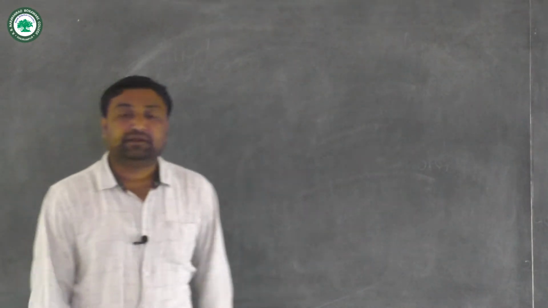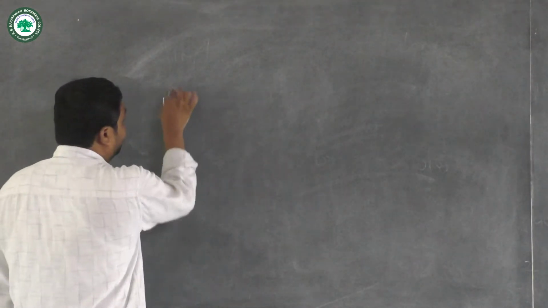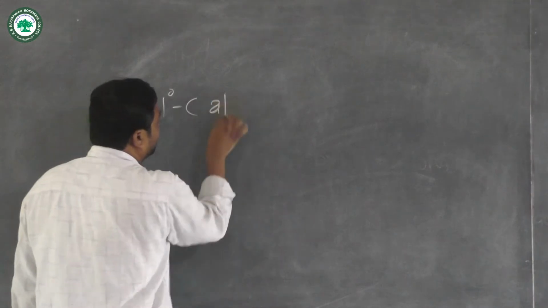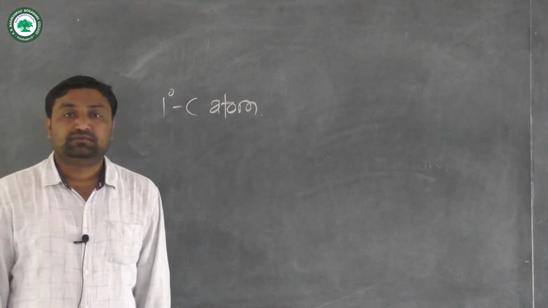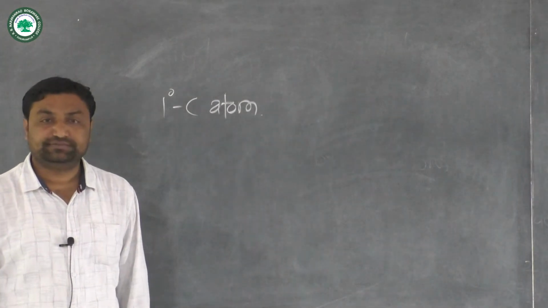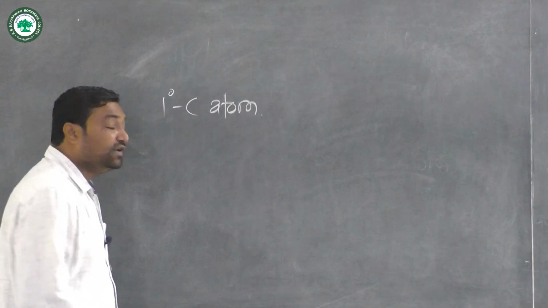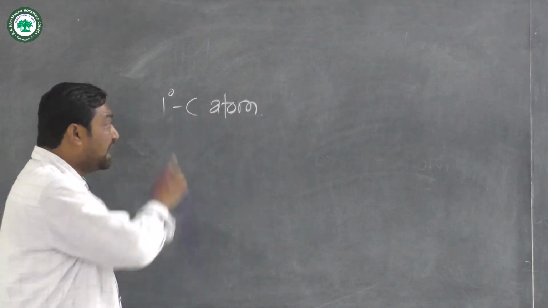A primary carbon atom is a carbon atom to which only one carbon atom is directly attached.